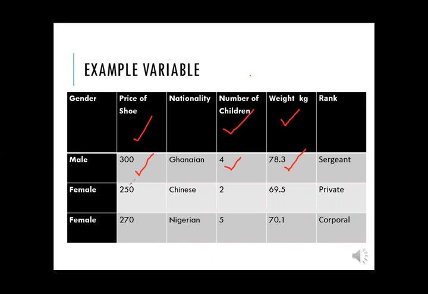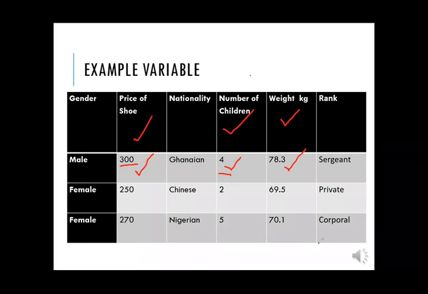Within this quantitative and qualitative, there are also slight differences. You will notice that price of shoe is in whole numbers. Number of children is also in whole numbers. I always make this joke: you can't have somebody tell you, I have 2.5 children.